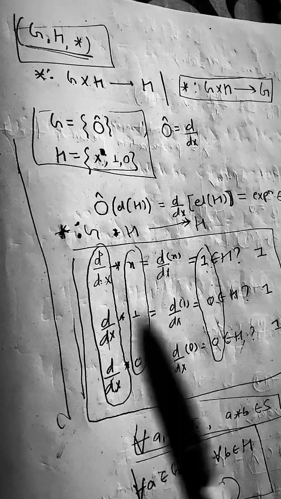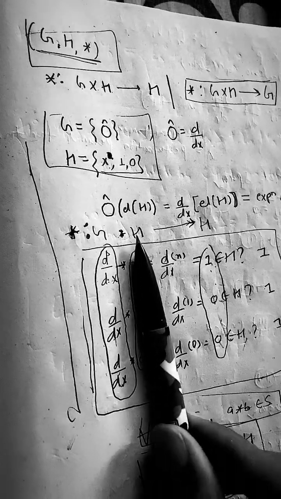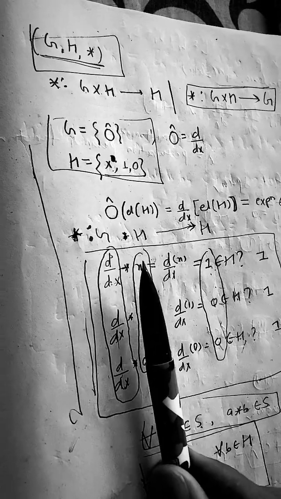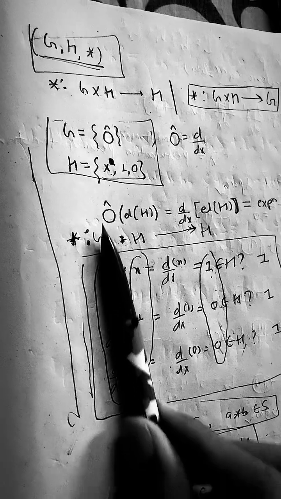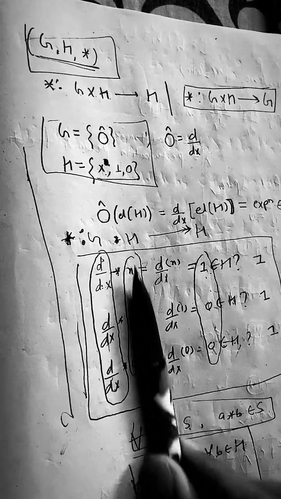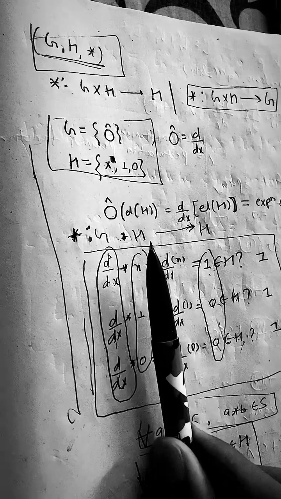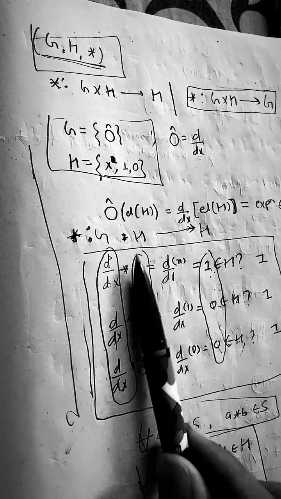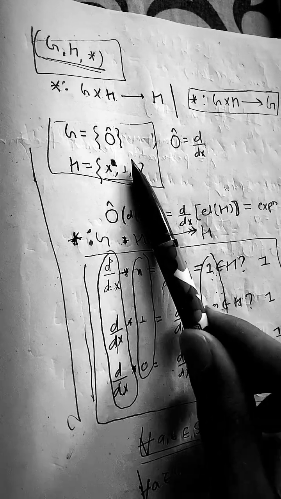And what is gonna happen is that this processor is gonna take this data. But before that, we have to also make clear that this processor and these data are different things. They are not the same. So this processor is coming from the set G, and this data is coming from the set H.